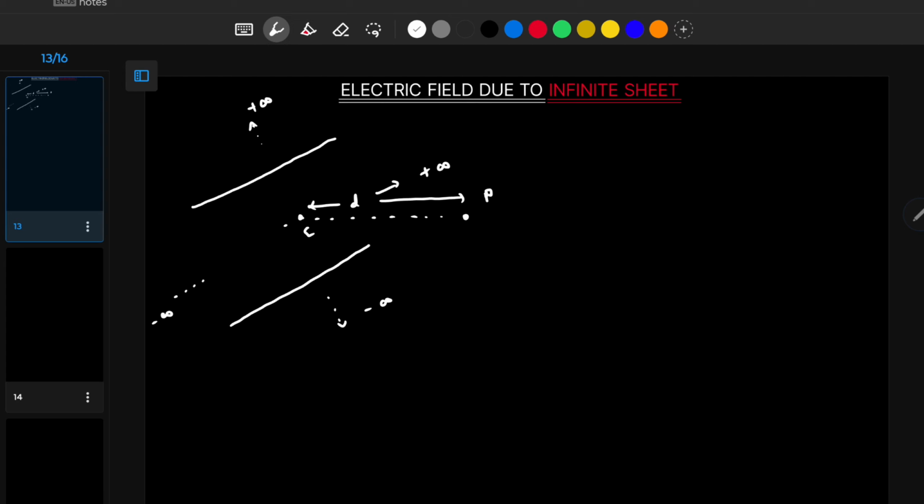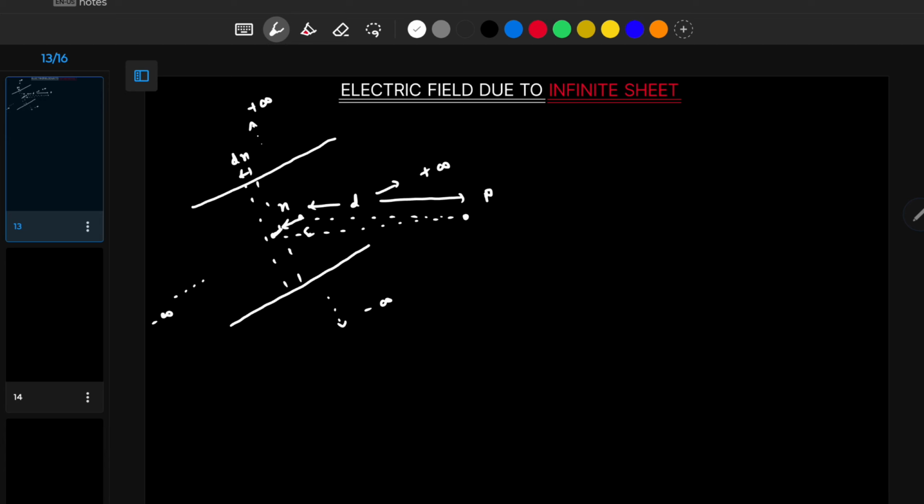At x distance from the center, I am going to take an infinitely long wire of dx thickness and try to write the electric field due to this wire at this key point.